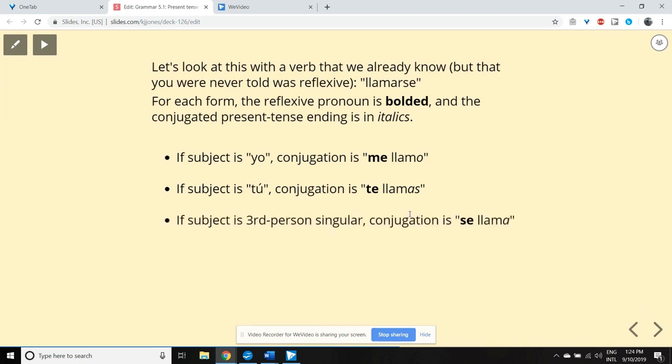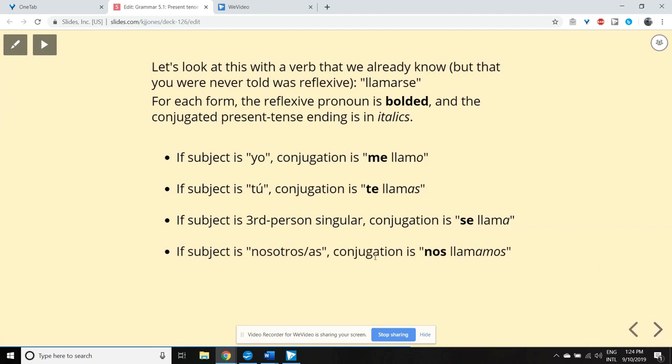All right. If the subject is third person singular, that is él or ella or usted, the conjugation is, here's our reflexive pronoun se, plus our conjugated form, whoops, didn't highlight one of the L's, llama, all right? Se llama is the third person singular form in the present tense of the verb llamarse.